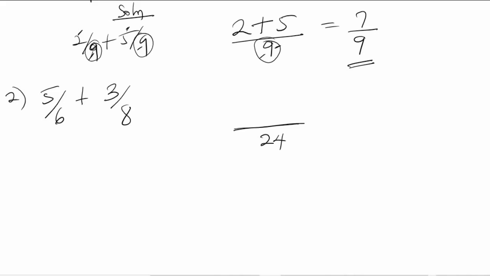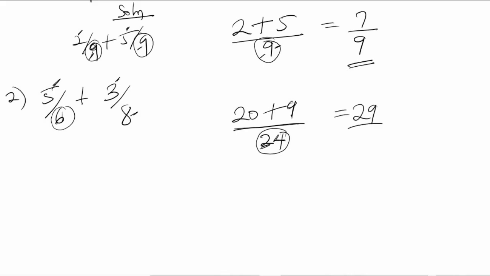You can find the LCM of 6 and 8 is 24. 24 divided by 6 will give you 4 times 5, 20, plus 24 divided by 8 will give you 3 times 3, 9.